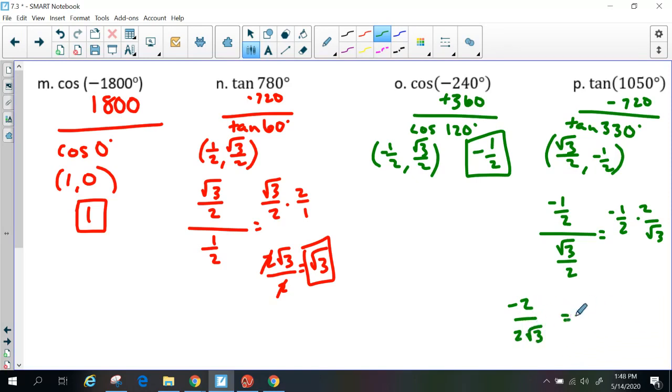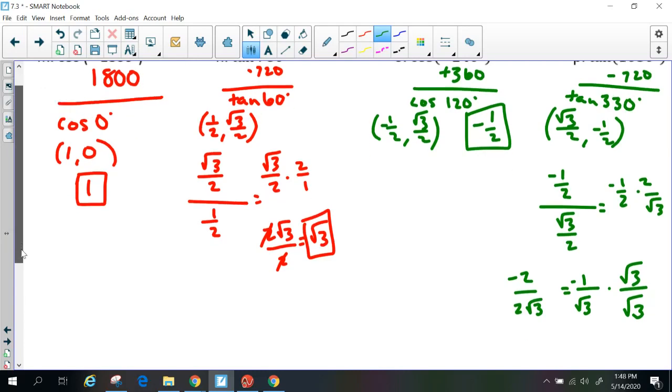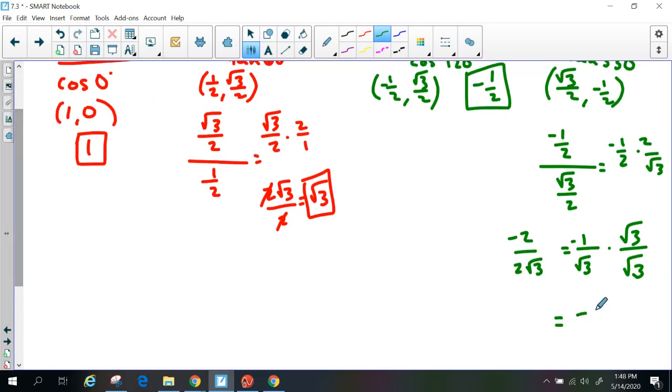Negative 2 divided by 2 gives us negative 1 over root 3. But we cannot leave that radical on the bottom of the fraction. So we're going to multiply by root 3 over root 3. We're going to rationalize that denominator, end up with negative root 3 on the top. And on the bottom, we'd have the square root of 9, which is really just 3.